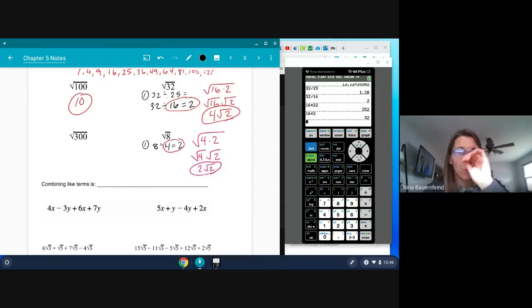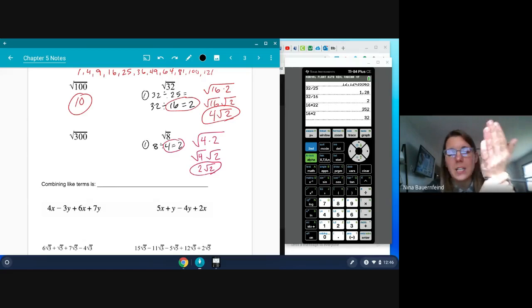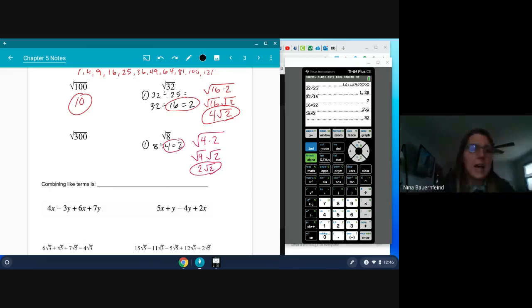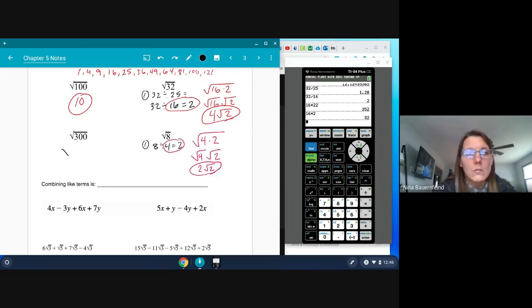Okay, 300 is really big to test. But which of these numbers up here is a clear multiple? Which one do we see we can definitely divide by? 100. Yeah, so let's just change this 300 into 100 times 3. Are you guys okay with that?